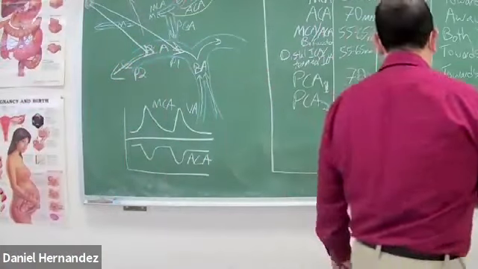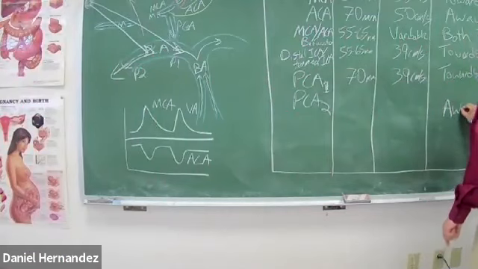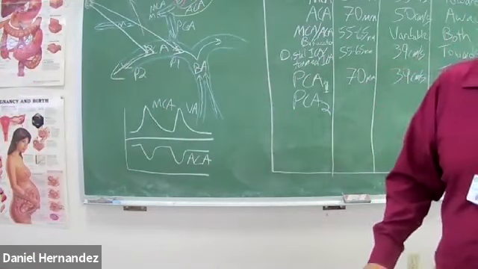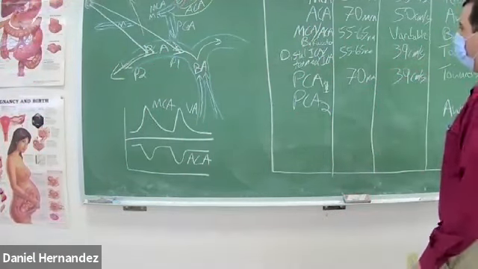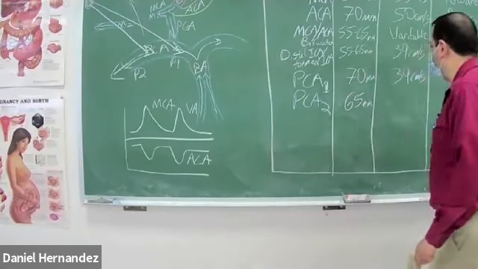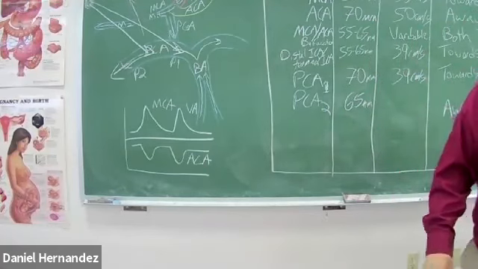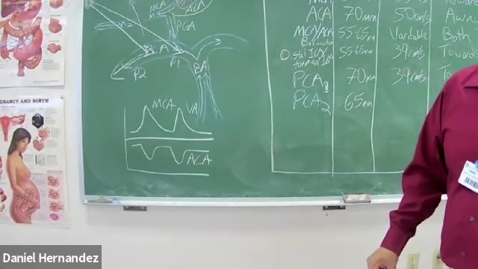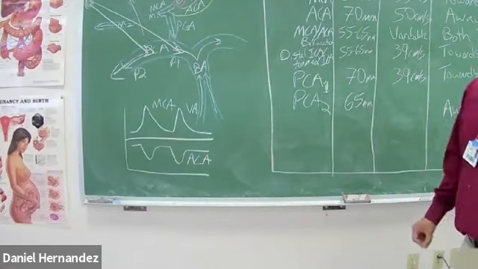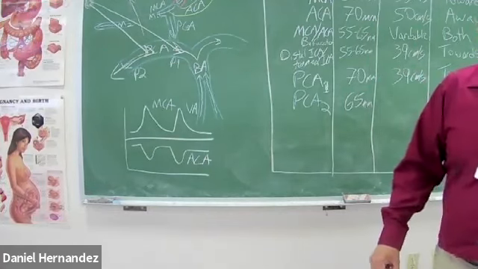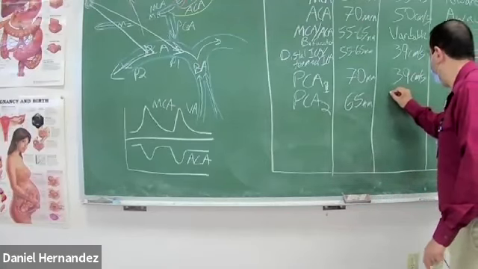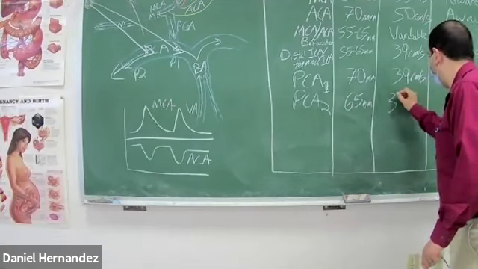So our P2 segment is going to be away. This reference depth is going to be 65. The mean flow velocity is going to be 39.